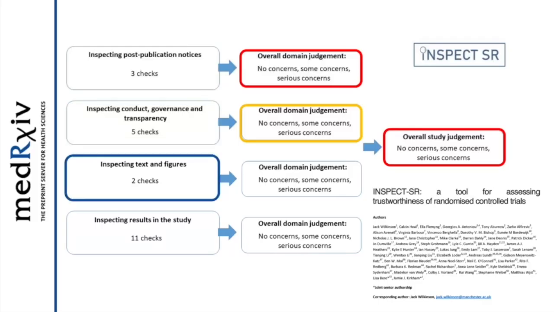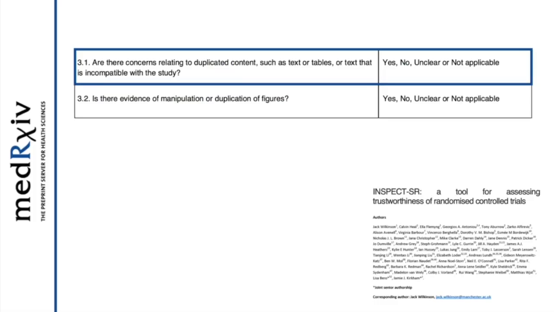So the first one, when you inspect text and figure, is to inspect the text for plagiarism, so duplicated content. So for instance, tables that are the same from another paper, or text that is the same as another paper. And this is often pretty difficult to assess.